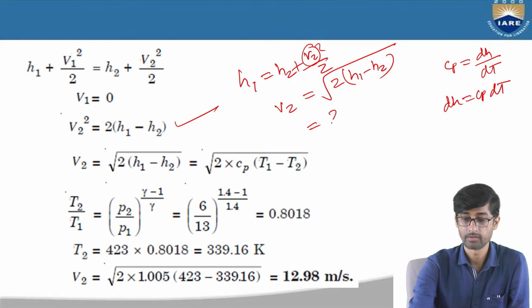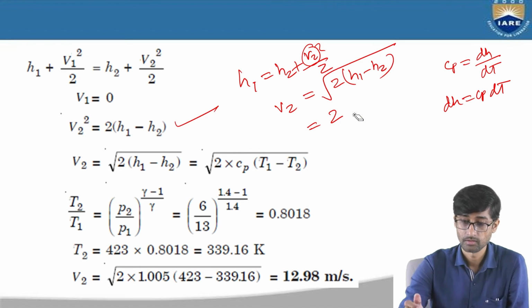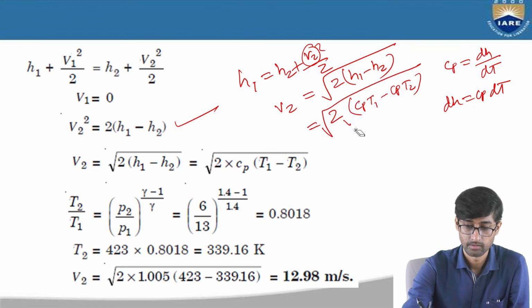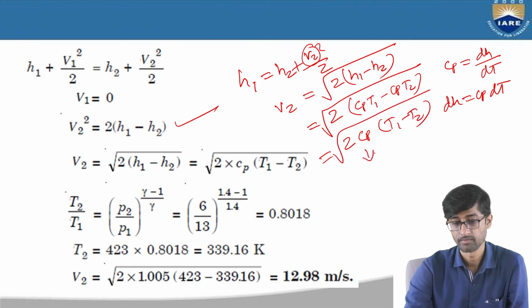So H is Cp into T. So this is 2 into (Cp T1 minus Cp T2) under root, right? So this becomes 2 into Cp (T1 minus T2).